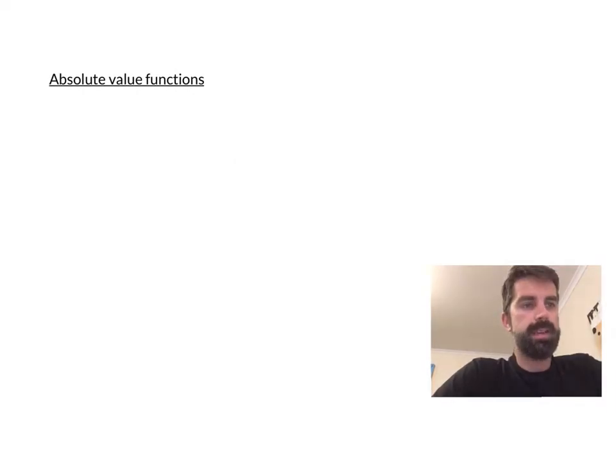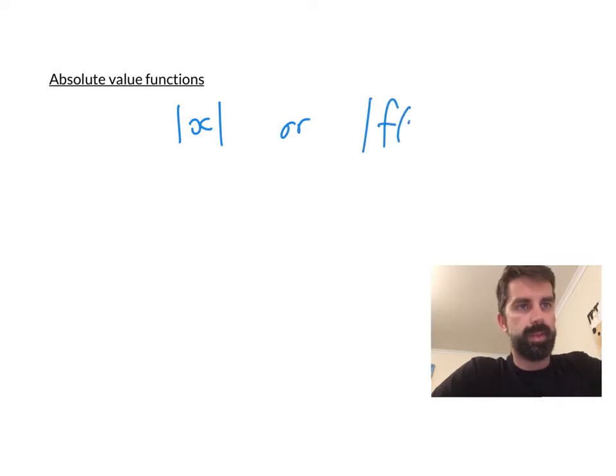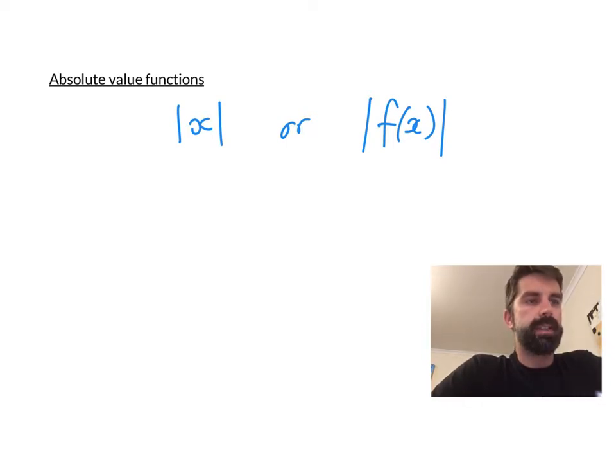So that's just another piece of terminology. And then the last type of function that we're going to be looking at involves absolute values. So absolute values look very similar to something we've already done with complex numbers. Absolute value functions basically involve the modulus of x, or some sort of function of x. So we could have modulus of f of x. And these two lines basically indicate the absolute value or the modulus.